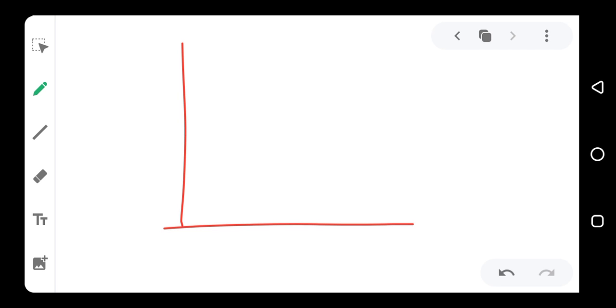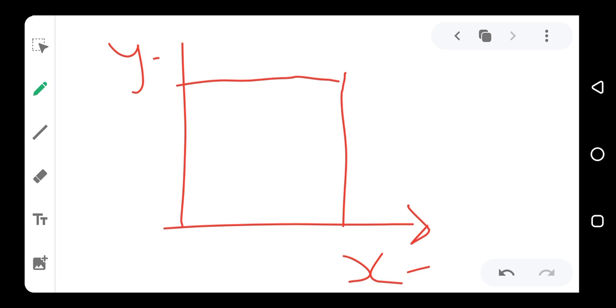So if we want to get the meeting points between two lines, we use Cartesian coordinates, and we find a point where the x coordinates or the abscissa and the ordinates meet, and that place is the coordinate. So this is the x coordinates and this is the y coordinates. Any junction where the x and y coordinates meet is called a coordinate.